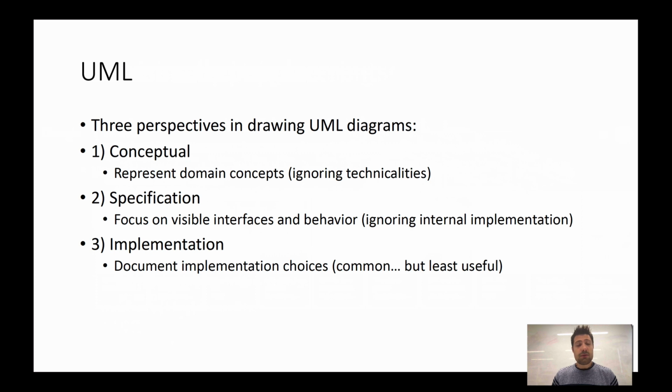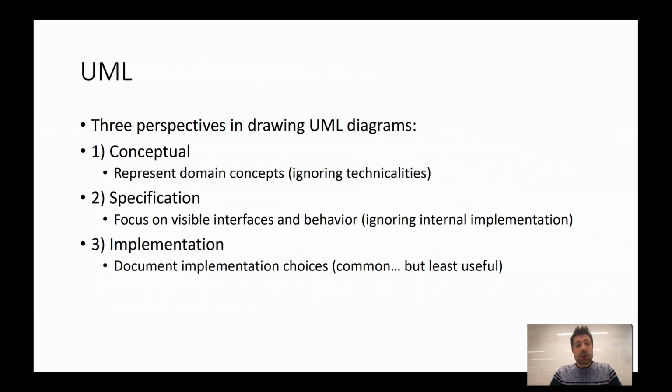So you can start from a very conceptual way of expressing yourself. Like at the beginning of your software, you only know domain concepts. You don't know the technicalities, or you want to ignore them at that point. So UML helps you to represent the main domain concepts and how they are related.